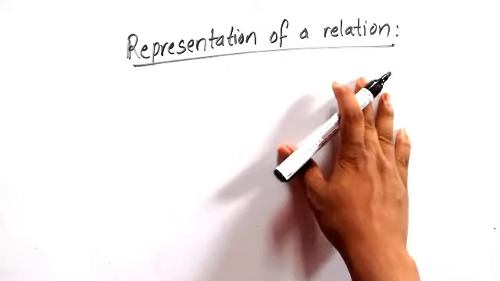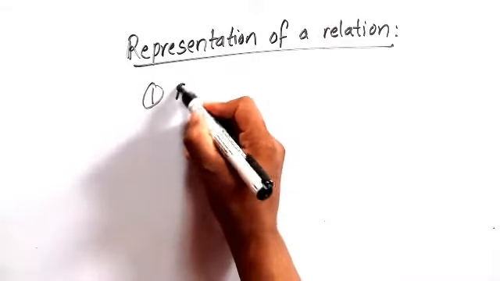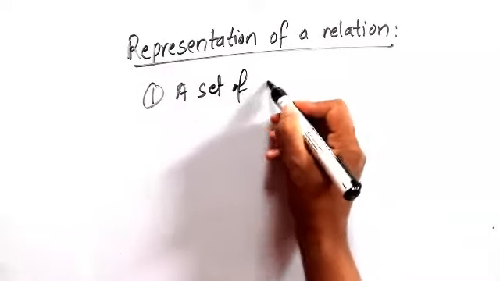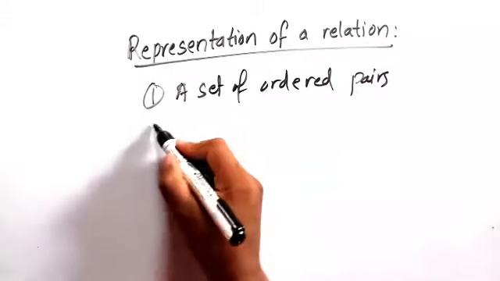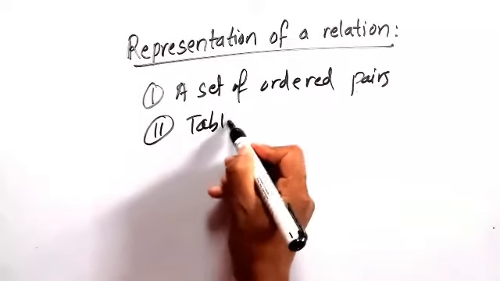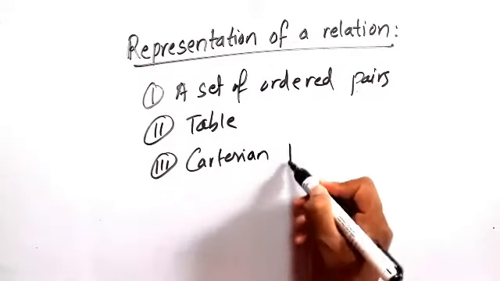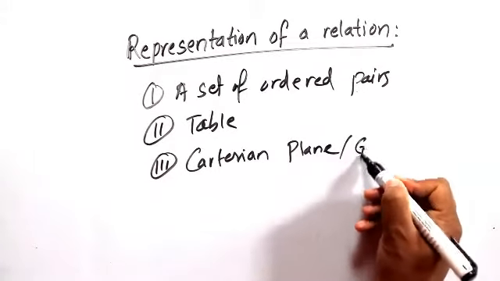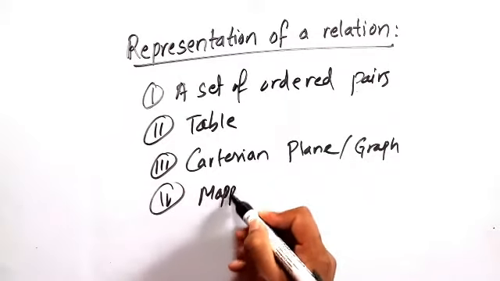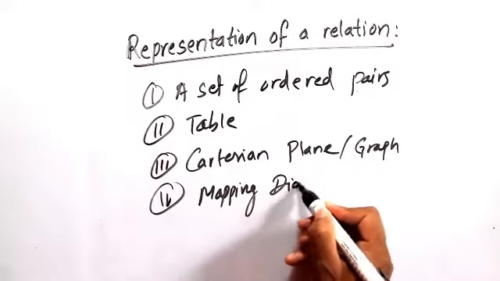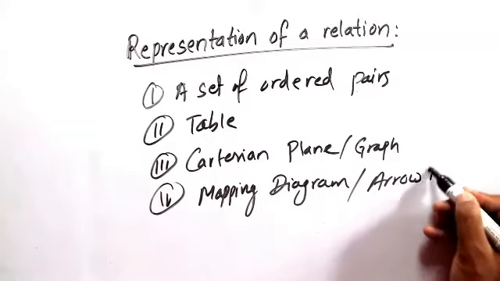We can represent a relation either by a set of ordered pairs, or by a table, or by a Cartesian plane, that is also called a graph, and another one is a mapping diagram, or arrow diagram.